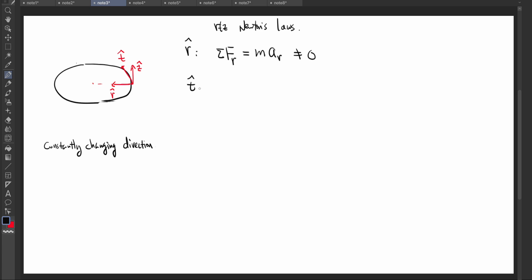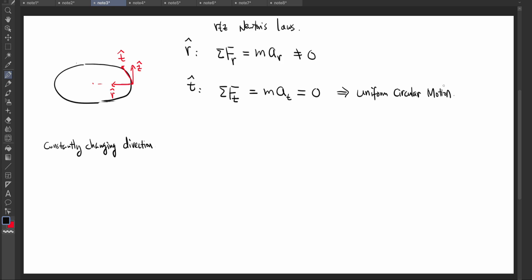Now along the tangential direction, we should also have Newton's second law, but now the question is, is this net force zero or non-zero? So we're going to separate into two different situations. The first one is uniform circular motion. Then, of course, we should have zero here for A_T, and that defines uniform circular motion.